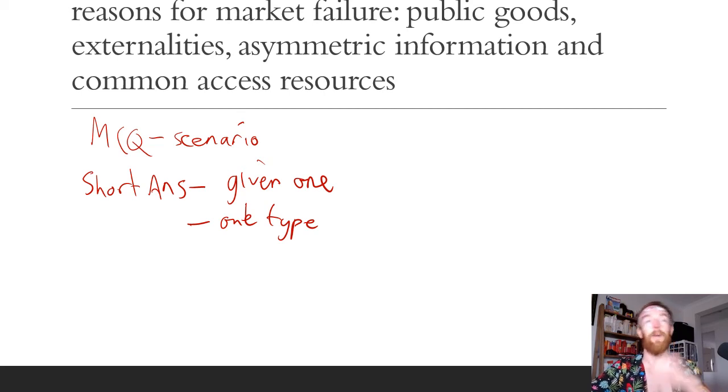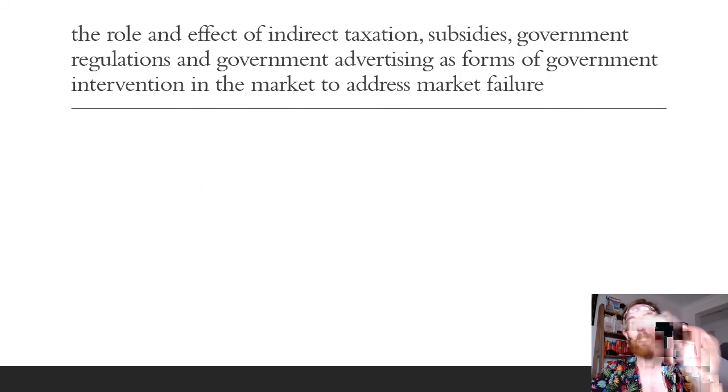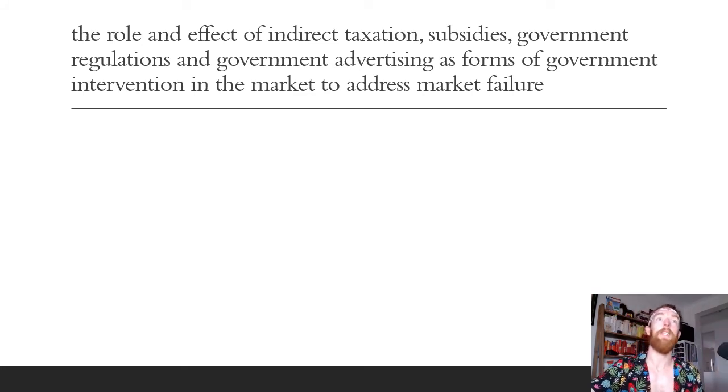And so with all these types of market failure, we then need things in place to prevent or correct that market failure. So then we've got the role and effect of indirect taxation, subsidies, government regulations, and government advertising as forms of government intervention in the market to address market failure. So all these are just ways to correct market failure.